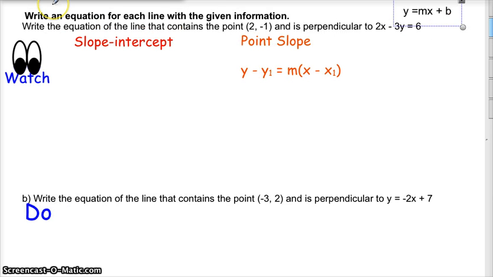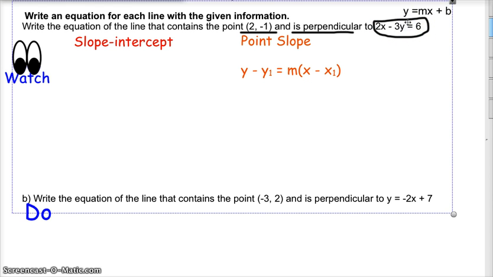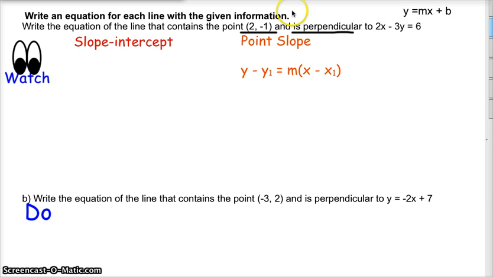Write the equation of the line that contains the point (2, -1), but this time I want it perpendicular to this given equation. It's not in slope-intercept form yet, so we don't even know what the slope is going to be. Need to do a little bit of calculation. Subtract the 2x from both sides.